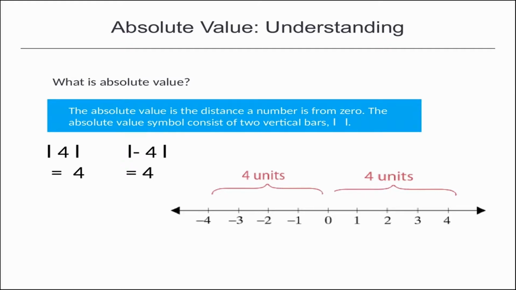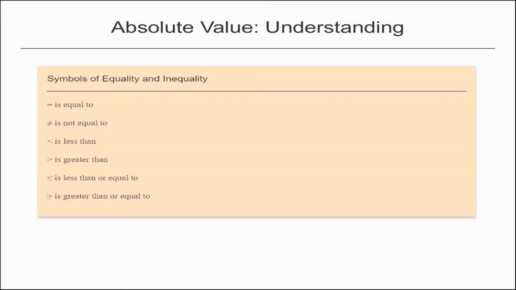Now, let's look at understanding symbols of equality and inequality. When we're dealing with equality, we will see the equal sign, or we could see the not equal sign. When we're dealing with inequalities, we see the less than, greater than. We could also see the less than or equal to and the greater than or equal to. So, what does less than mean? Less than means that all values less than the value we're comparing it to can be considered.